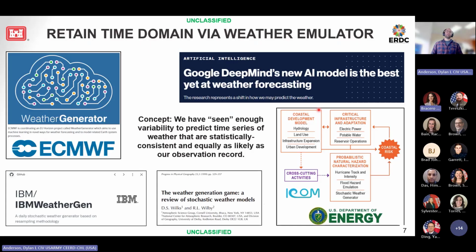And this is not a crazy new concept. I have a paper from the 90s here on the bottom about stochastic weather generation, and there's a review already of stochastic weather models back then. It's gained a lot more favor in recent times, and I have a couple screenshots here from the big companies, right? Google and IBM. One of the reasons this is being picked up is because it's an application that is really ideal for AI and ML applications.